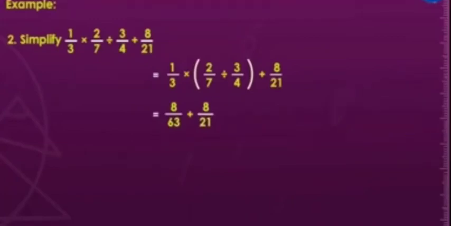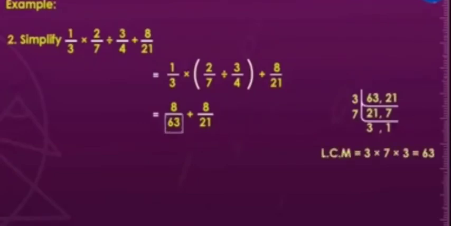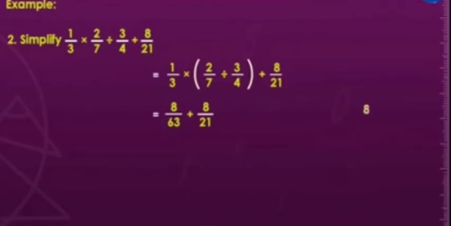For that, let us find the LCM of 63 and 21, which is 63. Now, as usual, you can convert the given unlike fractions into like fractions. So what will you get? 8 by 63 we have already converted.